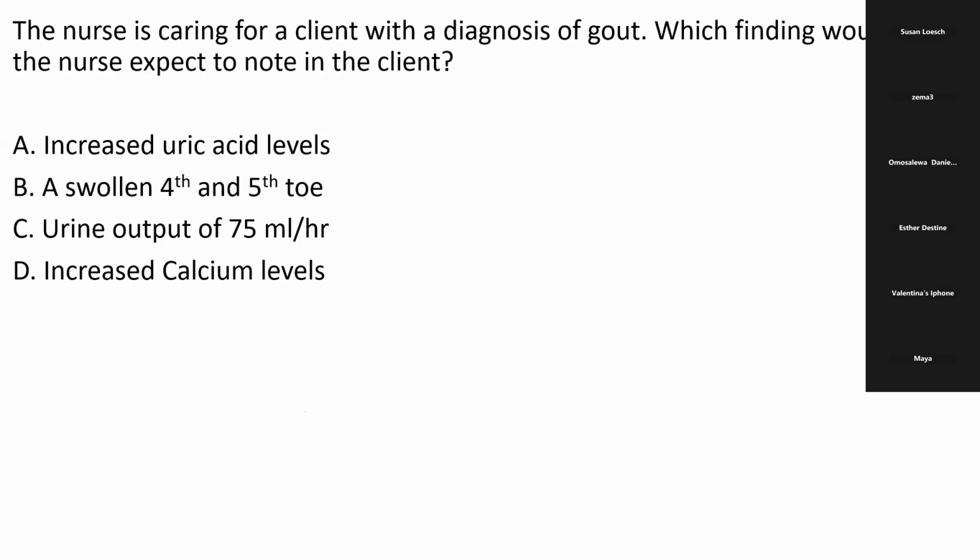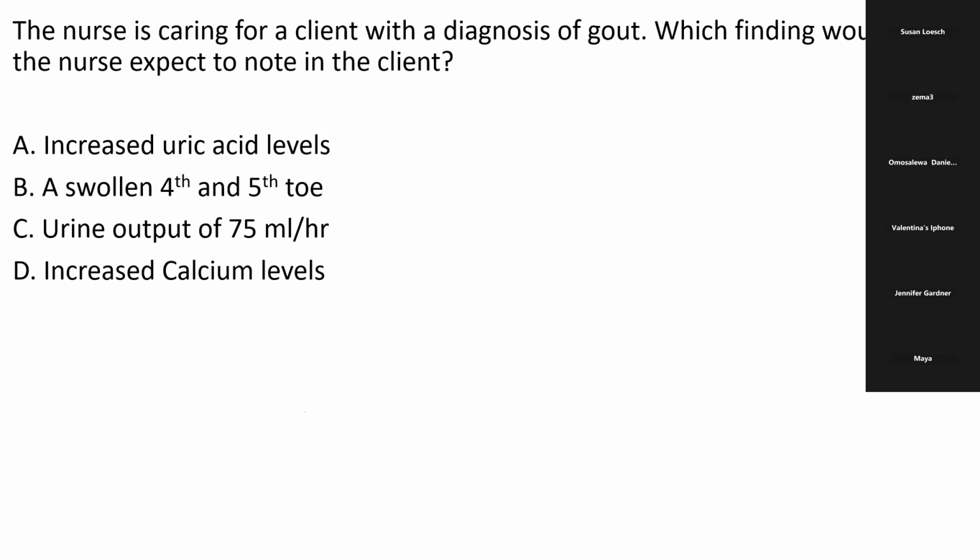And what happens as a result of this increased uric acid? Why do they have pain? Why do they have the arthritis? All right, inflammation and the deposit of these tophi.